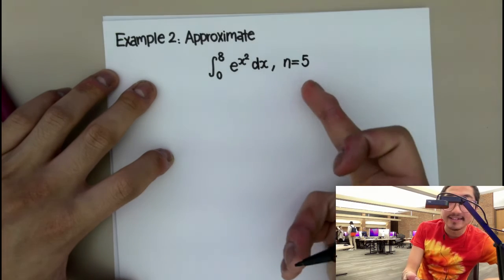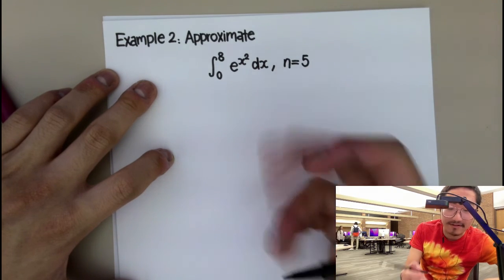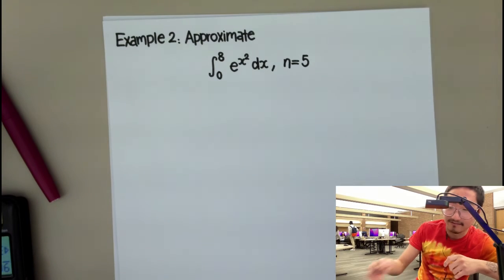In this case, since n is an odd number, we just use the trapezoid rule.